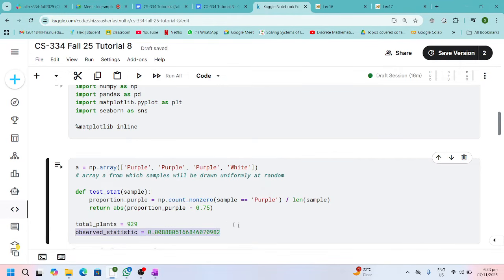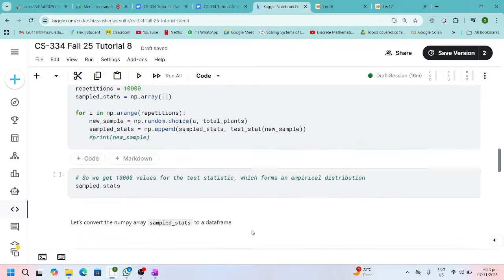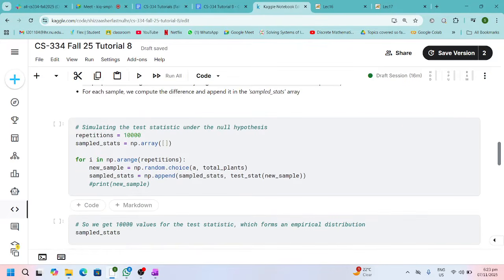Let's put a pin in the observed statistic. First, I want to show you where we have repeated this experiment to generate a distribution. Also, that's my bad. We didn't do it 1000 times, we did it 10,000 times. So, in the range of repetitions, you make a random choice from the total plants.